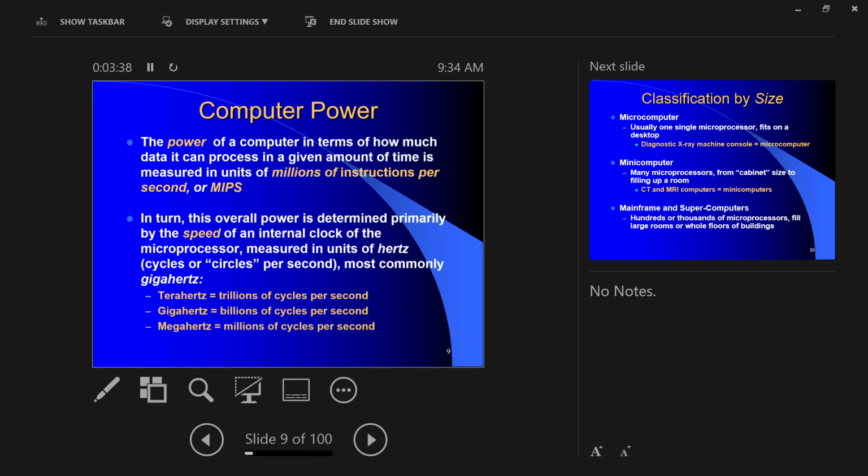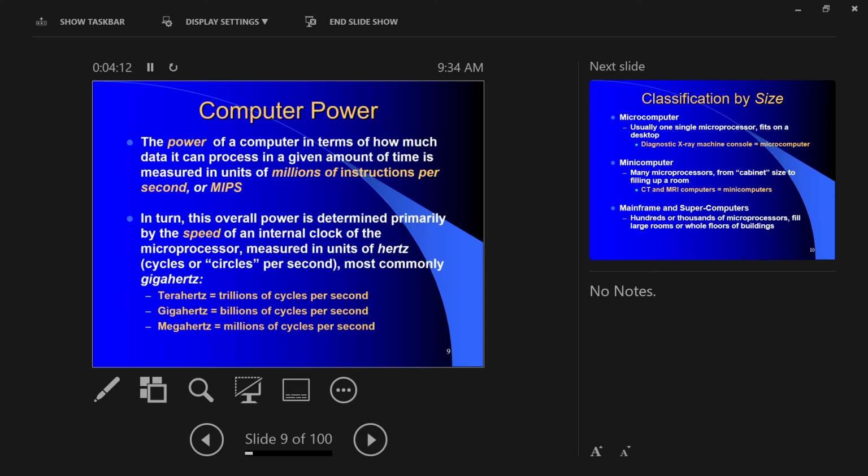Okay, computer power. The power of a computer is in terms of how much data it can process. That's what's really important for computers: how much data it can process in a given amount of time. So it's given in units of millions of instructions per second, or MIPS. So how many actions, how many functions it can perform over a given period of time, where our period of time is 1 second.